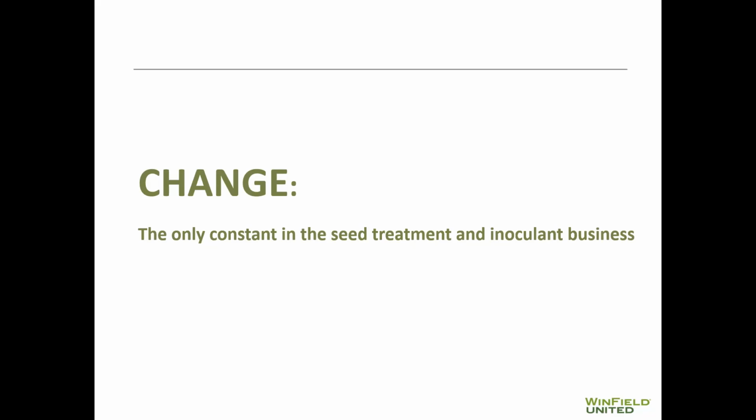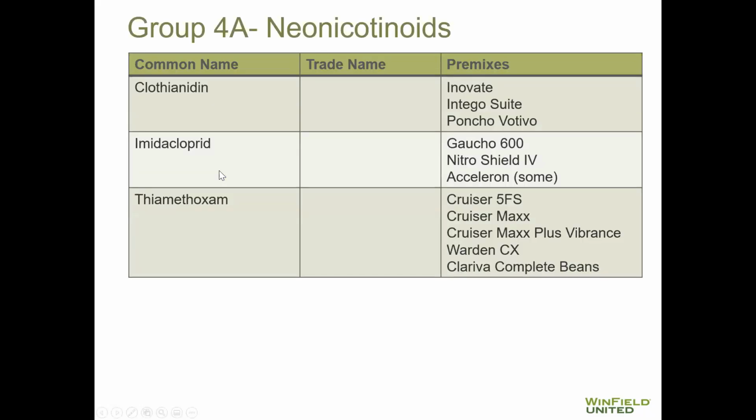Okay, so with a seed treatment, it's usually both an insecticide and fungicide, although you are starting to see more fungicide only. And that's part of the reason why I think we've been seeing more of a resurgence in some of the bean leaf beetles and those types of insects. But the major insecticide classification that you get with seed treatments is going to be the neonicotinoids. The reason we see so many of these group 4As is because they're very, very effective.